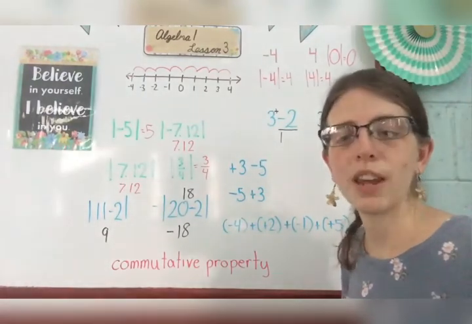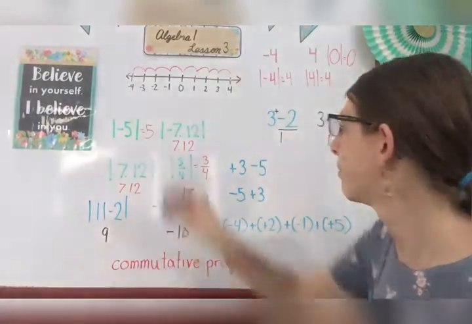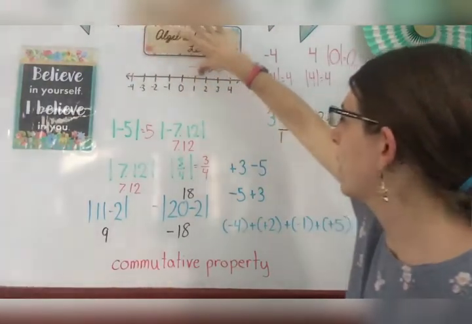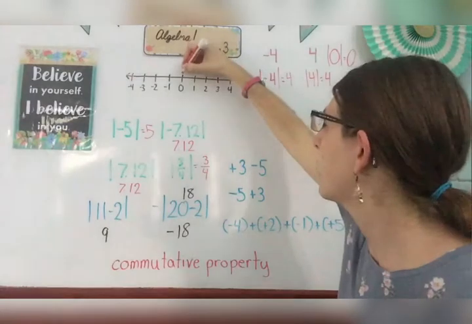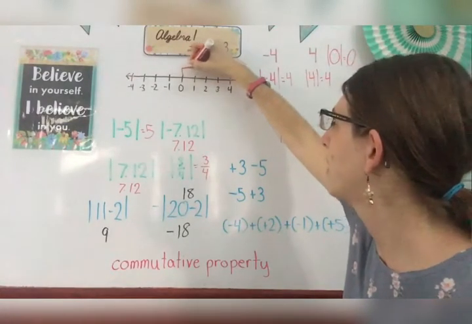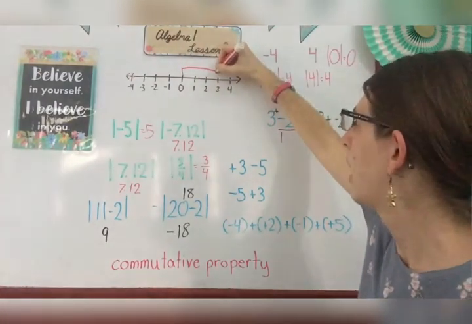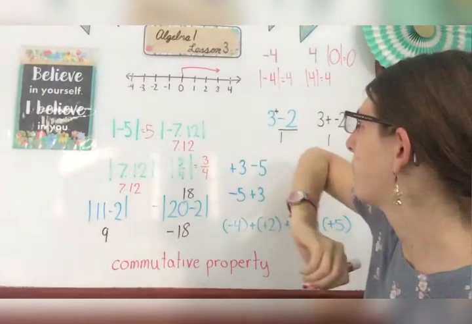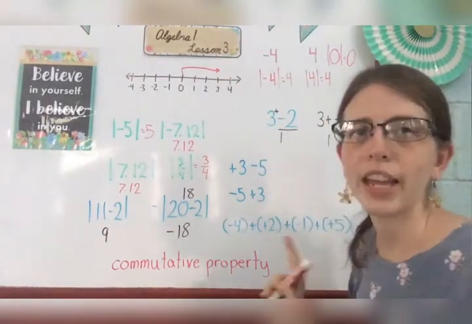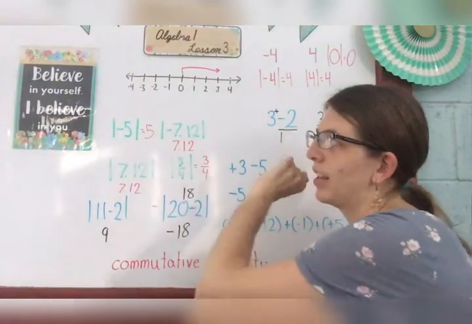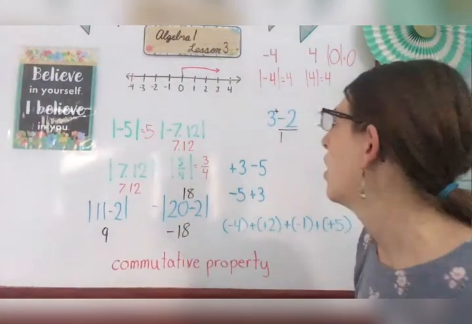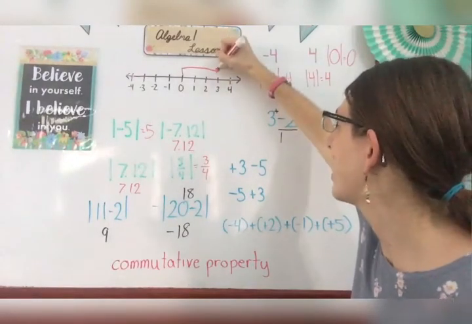Let me show you on the number line how that works. So if you look up here at my same number line, if I show that I'm going 3 away from 0, so that's my +3. I've gone 3 places, here to the 3. But now I want to go -2. So any positive number comes here to the right. Negatives go to the left. So it's 3 plus a -2.